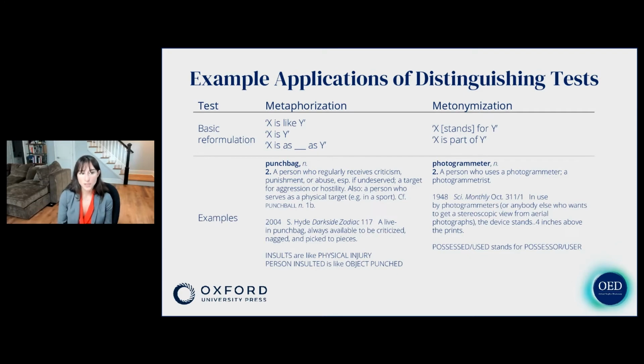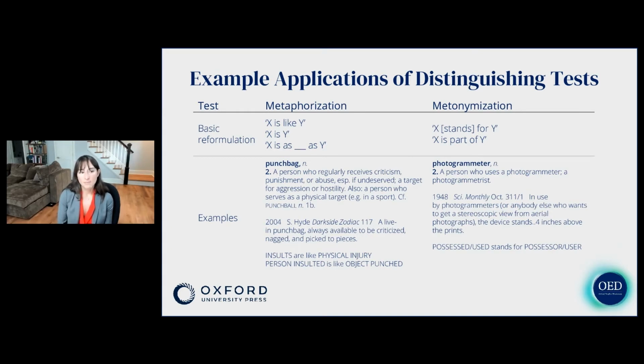And so with metaphorization, X is like Y. Metonymization, with the adjacency, X is part of Y, or X stands for Y. With metaphorization, the example from the sample of punch bag, of a person who regularly receives criticism, punishment, etc., is actually part of a broader metaphor of insults are like physical injury, and thus the person insulted is like an object punched. And formulating it in that format makes it much clearer.